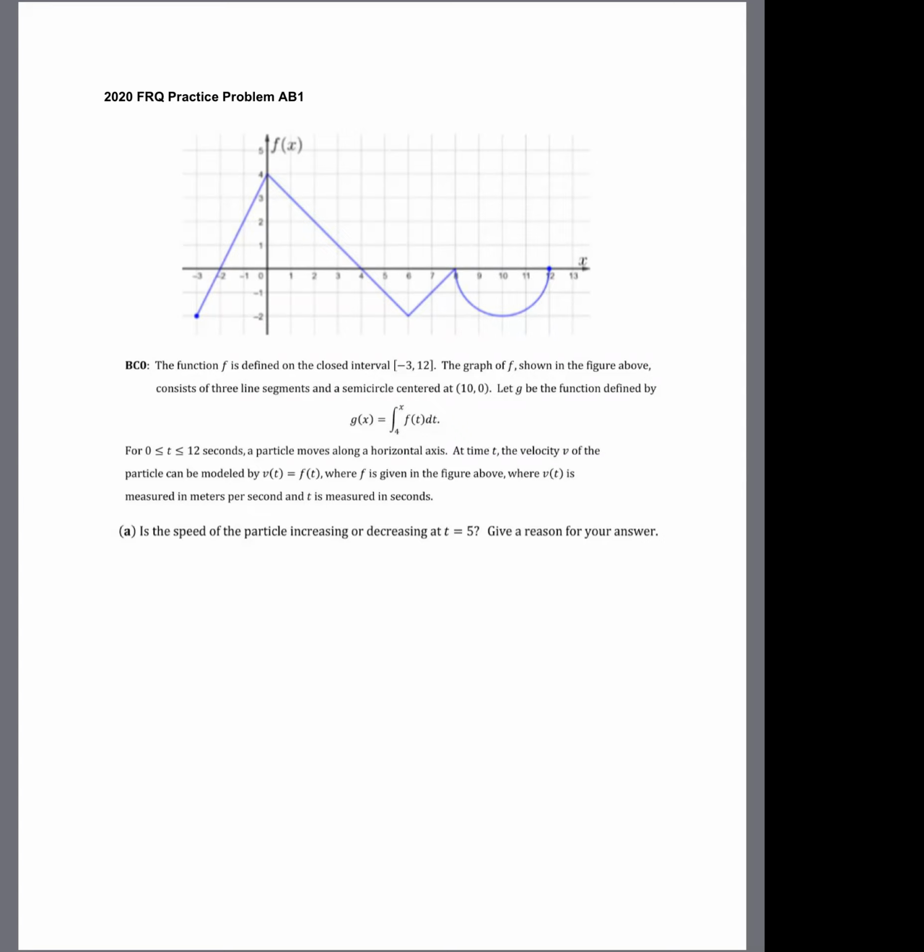So let's read the problem. This problem combines regular functions with velocity. It says the function f is defined on the closed interval from -3 to 12. The graph of f shown in the figure above consists of 3 line segments and a semicircle centered at (10, 0). Let g be the function defined by g of x, and that's what it is.